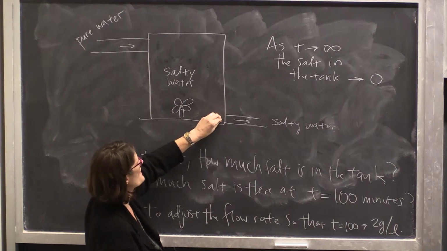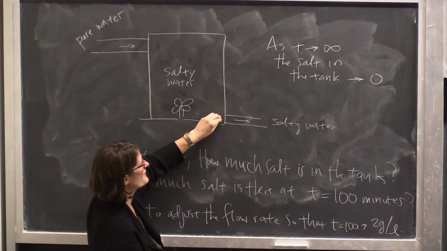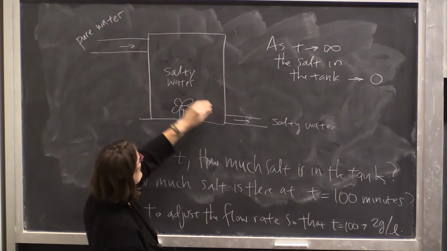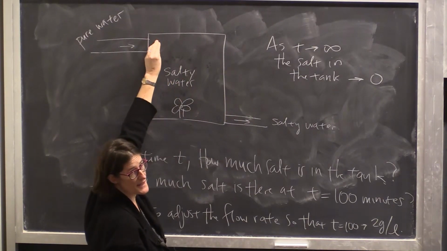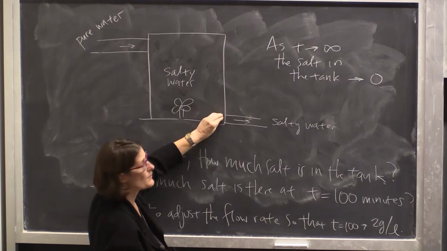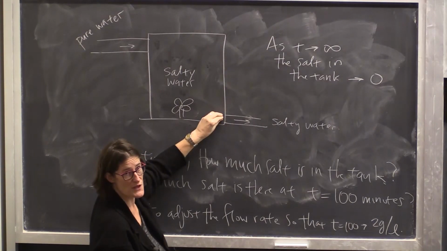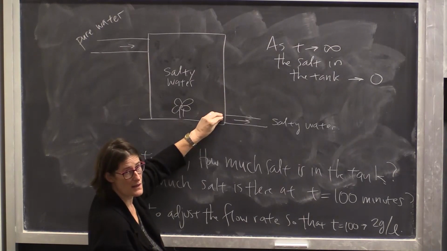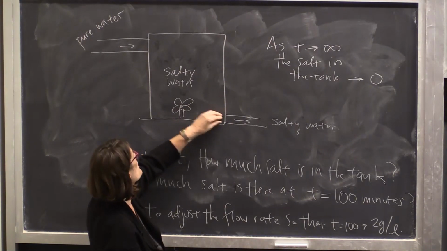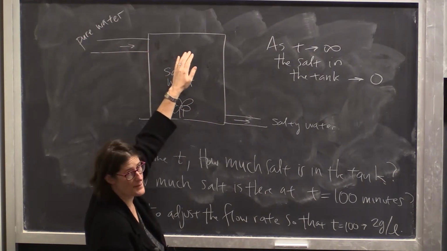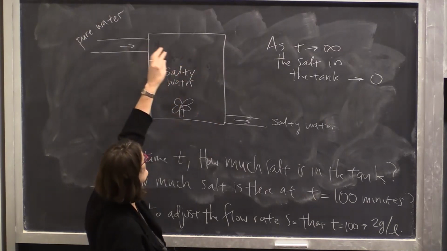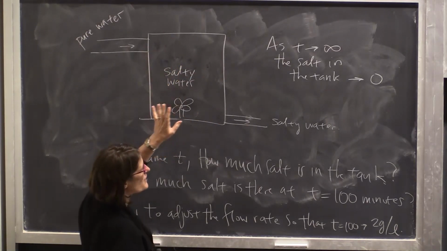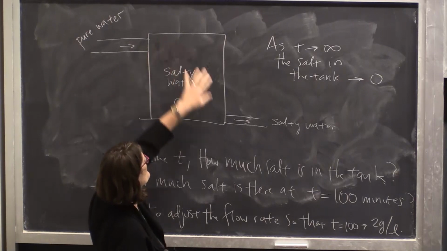I'm assuming that the water is perfectly mixed. In reality, the water here will be slightly less salty. The liquid here will be slightly more salty, partly because salt water is denser than sweet water, and partly because you've got the pure water coming in here. So of course that's going to be less salty. But we're going to imagine that the saltiness is the same everywhere.